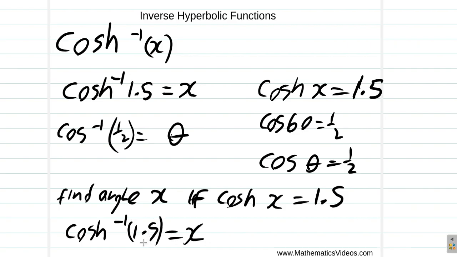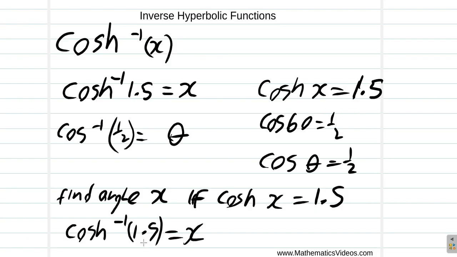Now, you could just punch in the numbers on a calculator, but the question might specify that you explain it using the exponent form. That means with the e to the x and so on and so forth.